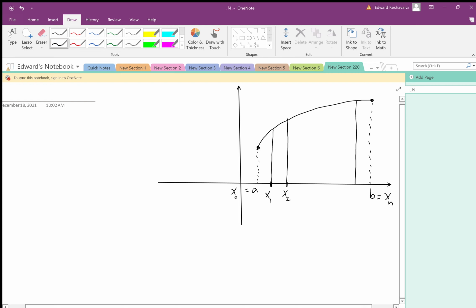First thing, we need to find a formula regarding delta x. Obviously, delta x equals b minus a over n.